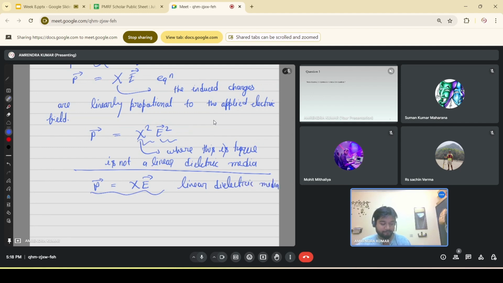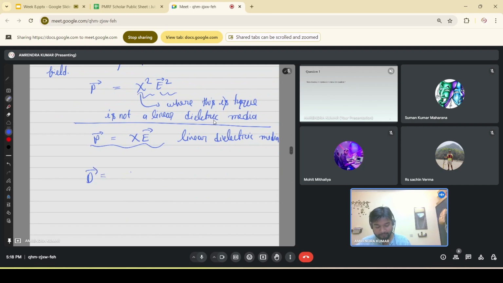With the help of this, we have displacement D equal to epsilon naught epsilon r E. If you write the equation del dot E equal to rho upon epsilon naught and the medium constant epsilon r, you can easily see that epsilon naught epsilon r del dot E is nothing but rho_f, the free charge.